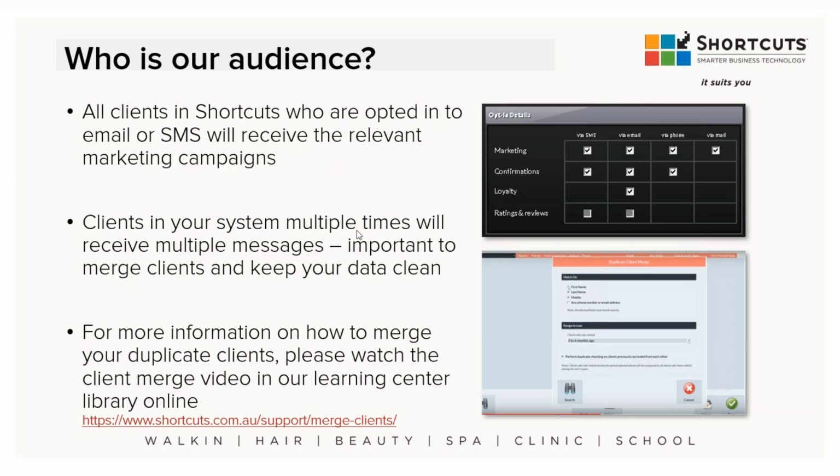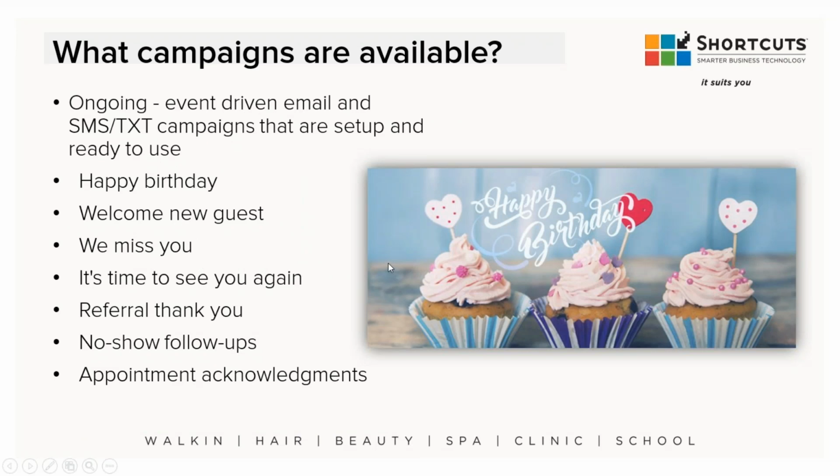So now that we have some of those basics down, what are the campaigns that are actually available in Shortcuts marketing? Whether you're sending a text or an email campaign from Shortcuts, there's a number of templates, a number of campaigns that are prepared for you.